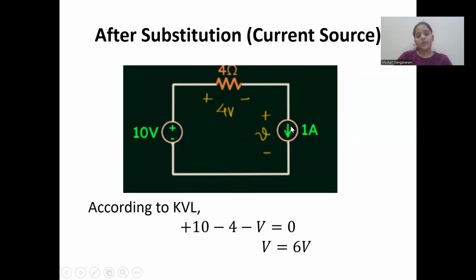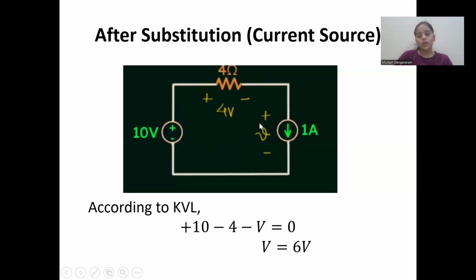The current value is the same. Now we need to calculate the voltage drops across the 4 ohms resistor and the current source. The voltage drop across the 4 ohms resistor will be the same as the current value and the resistor value are the same. That is V is equal to IR. When we substitute the values 1 and 4 in the formula, we get 4 volts.